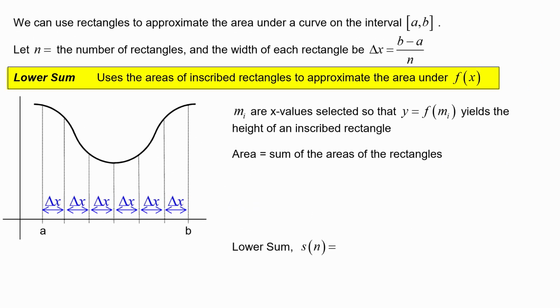A lower sum uses the areas of inscribed rectangles to approximate the area under f of x. Let's take a look at this diagram here. The area under f of x has been divided up into 1, 2, 3, 4, 5, 6 regions.